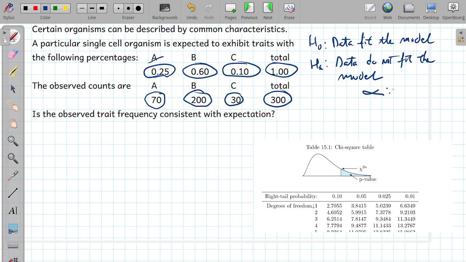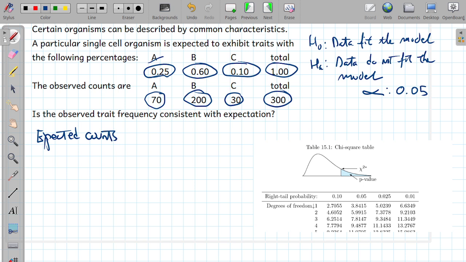I haven't worked this one out ahead of time, so I don't know what the result's going to be. So we're going to set alpha at 5% and see what we get. All right, so let's get the expected counts.